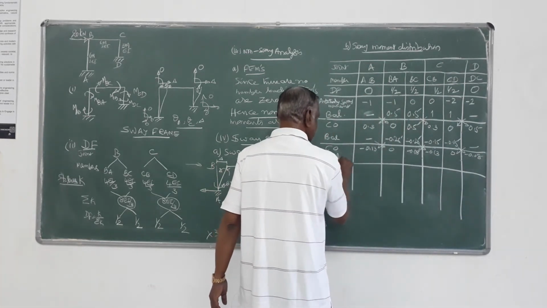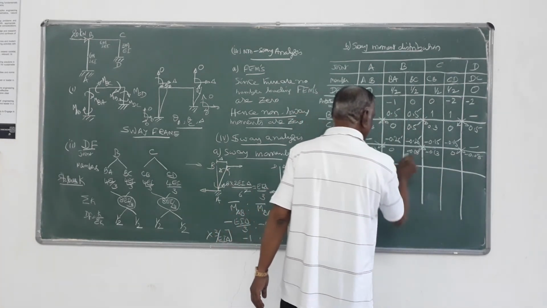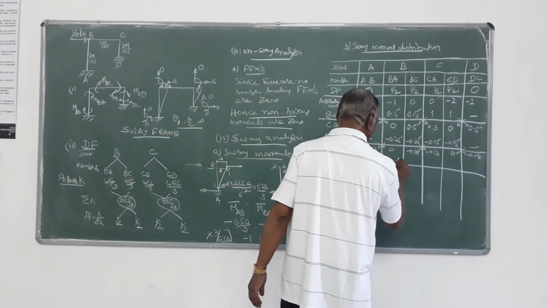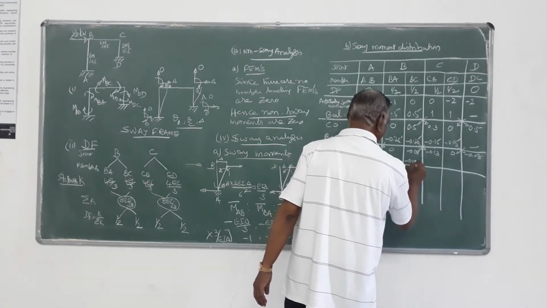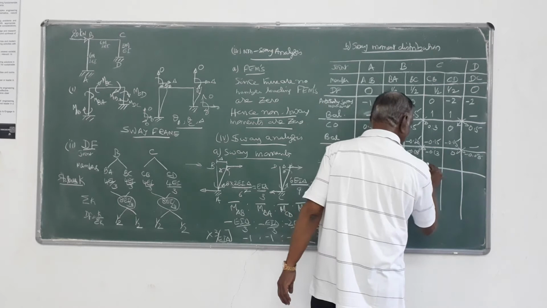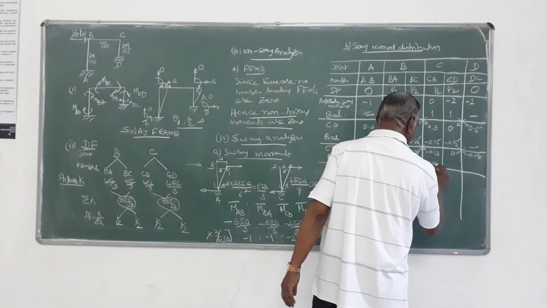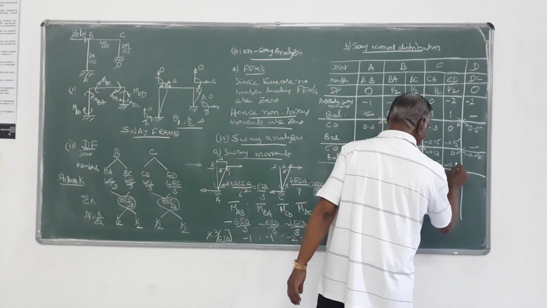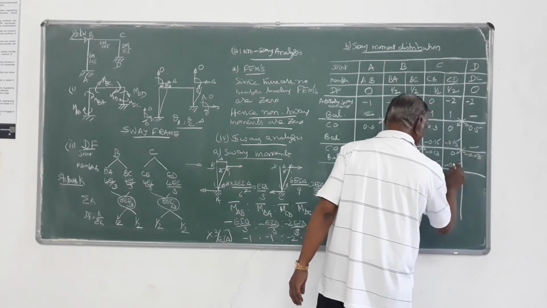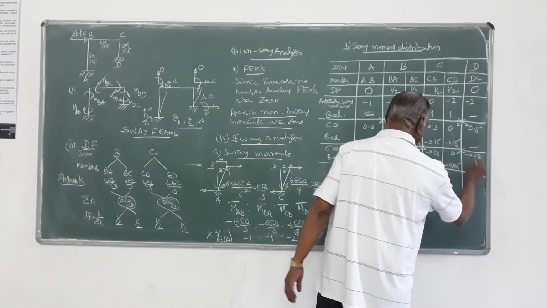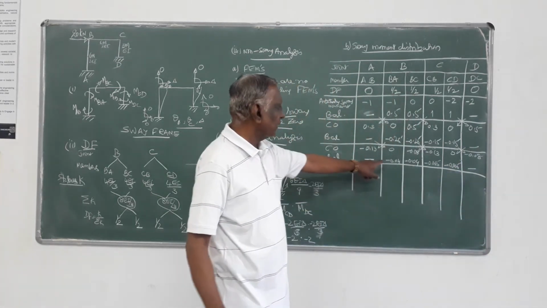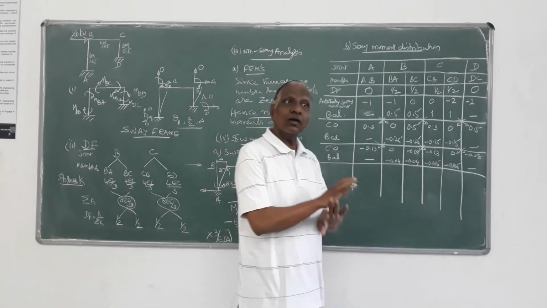Then balance nil. Here minus 0.04, minus 0.04. Here it is minus 0.065, minus 0.065. Here, nil. So you can stop because these balance moments are all small.